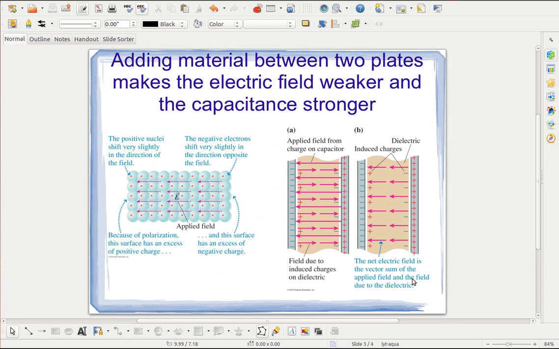Now, for capacitors that we use in the lab, or when we apply this to things like a cell membrane, the situation is a little more complicated, because the equation that I just showed applies only when there's air in between the positive and negative plate. In practice, there's material that's typically there.